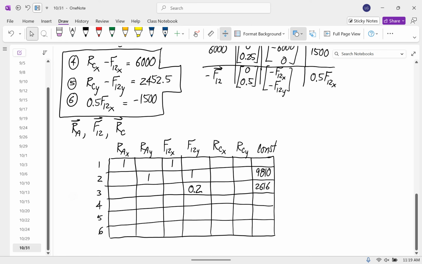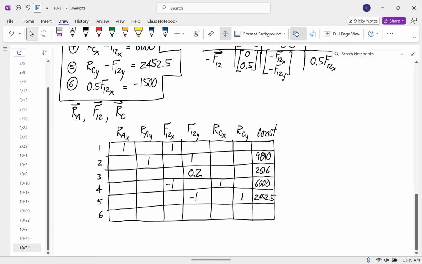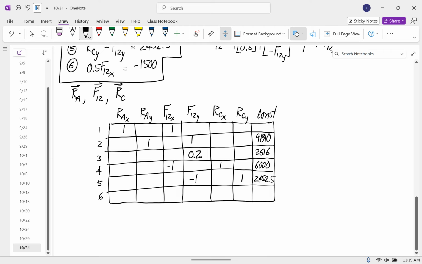Then equation 4, RCX has 1, F12x has negative 1, constant is 6,000. Equation 5, RCY has positive 1, F12y has negative 1, and the constant is 2452.5. And then F12x has 0.5 and the constant is negative 1500.